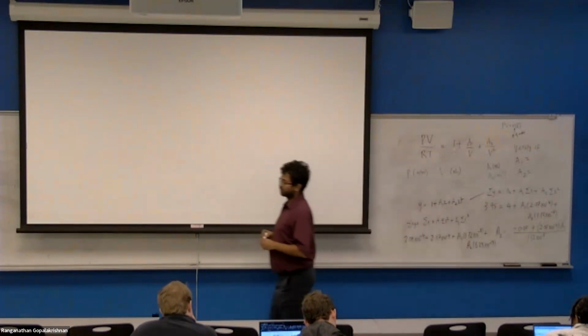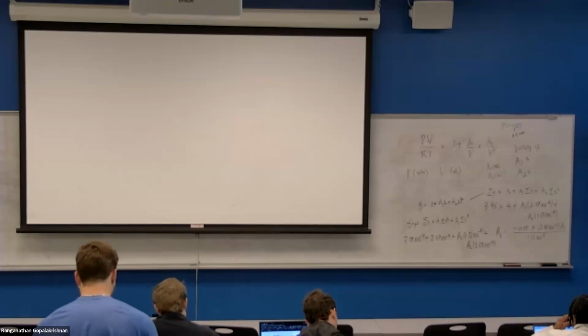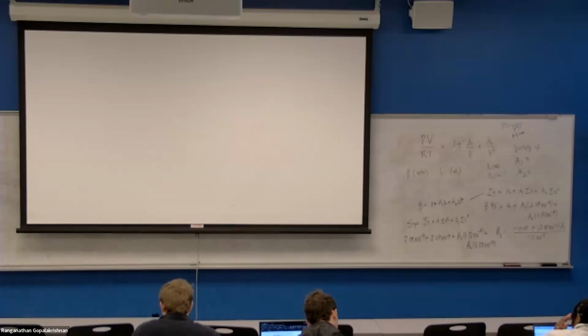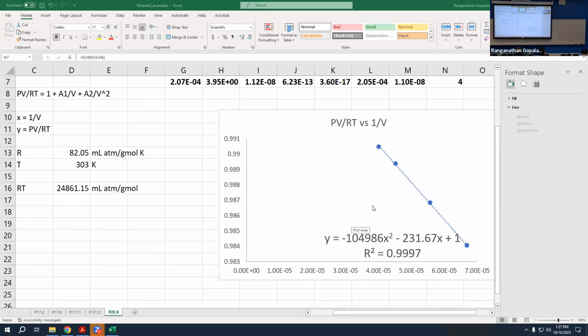Let me see what values I got. a1 should be equal to minus 231.67 and a2 should be equal to minus 104,896,986.